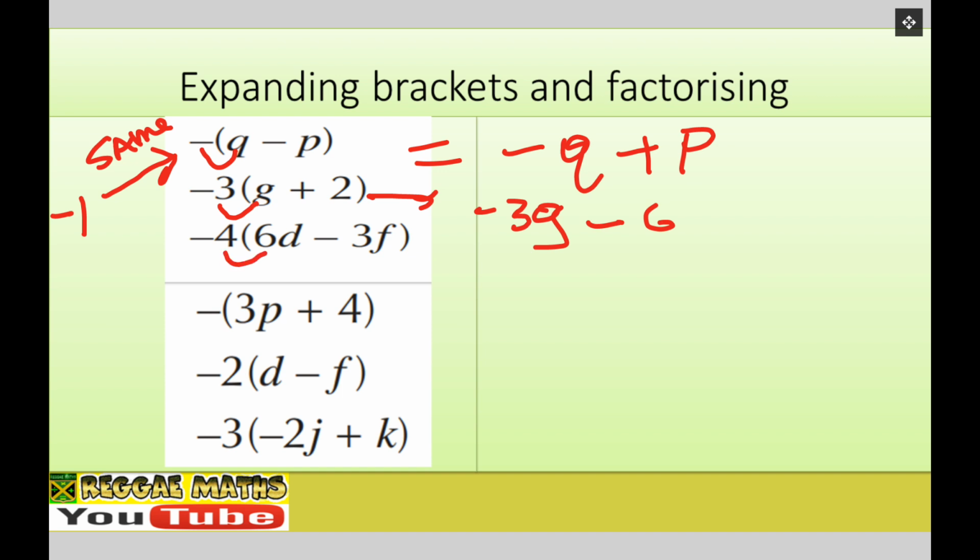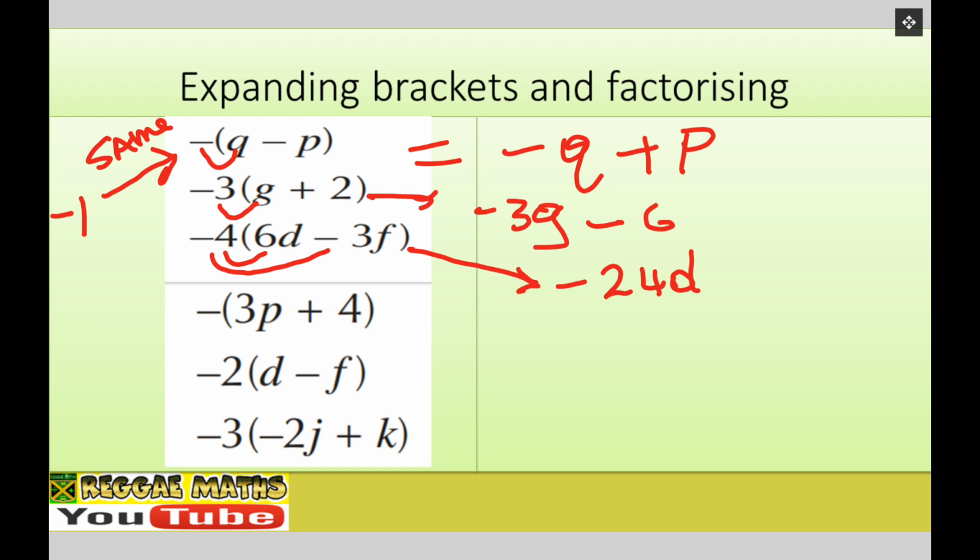-4 times 6 equals -24d. Minus times a minus is plus.